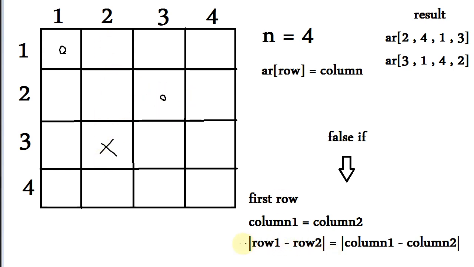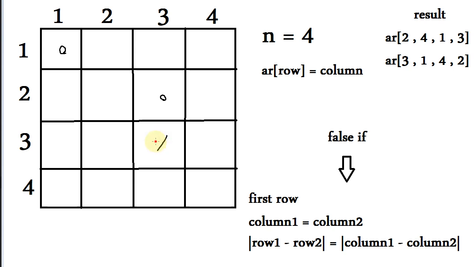It is not, but it goes to this one and finds that it is a diagonal, so this one also gets false, and it cannot place our queen in here.